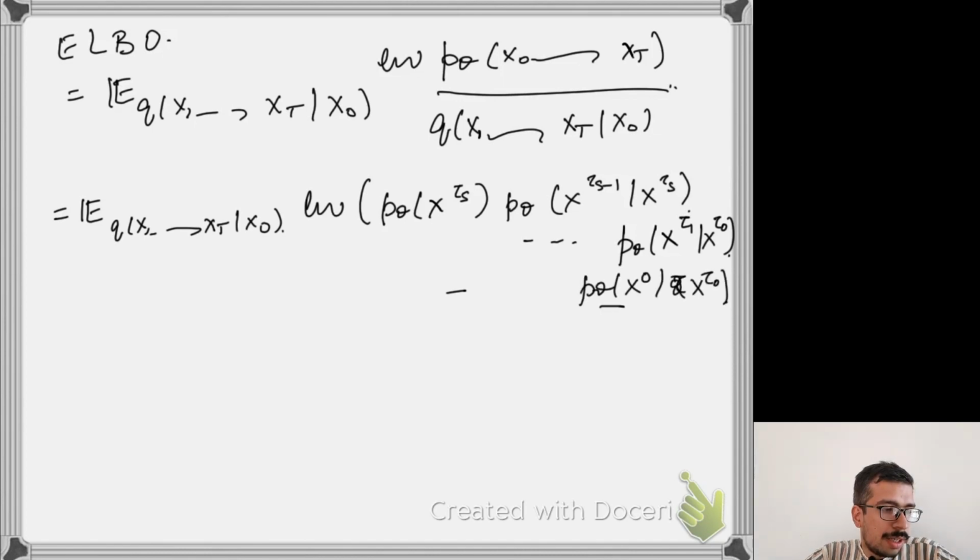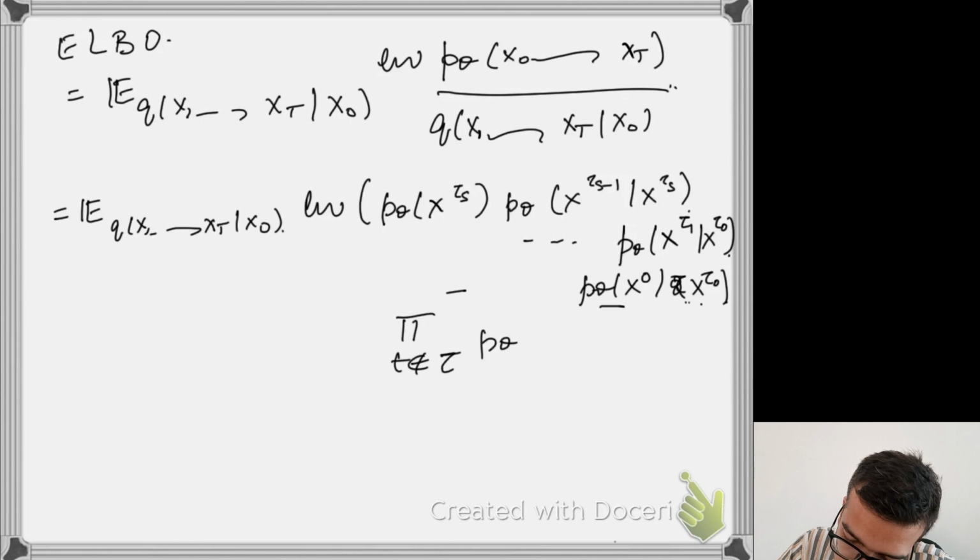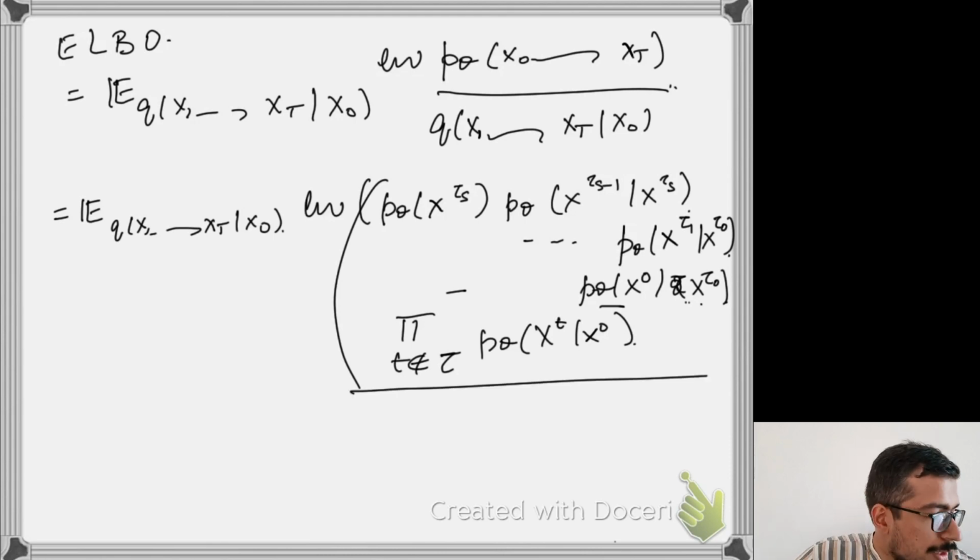And then finally I have the product over t not in tau of p theta of x_t given x naught. This is the numerator.